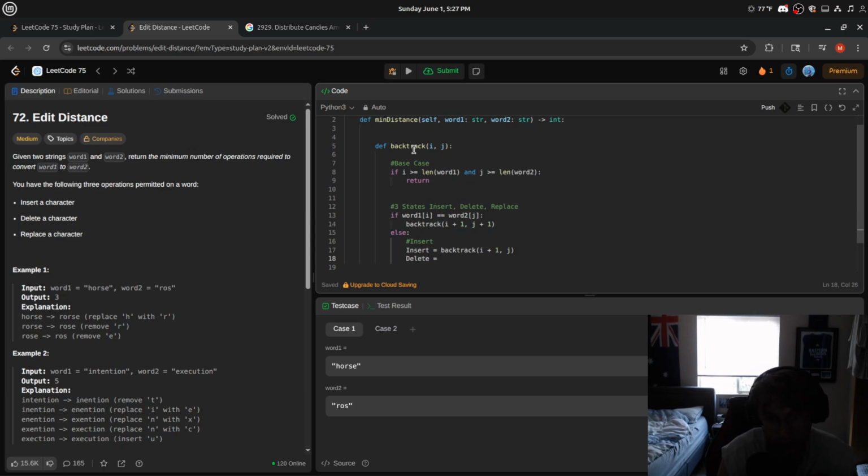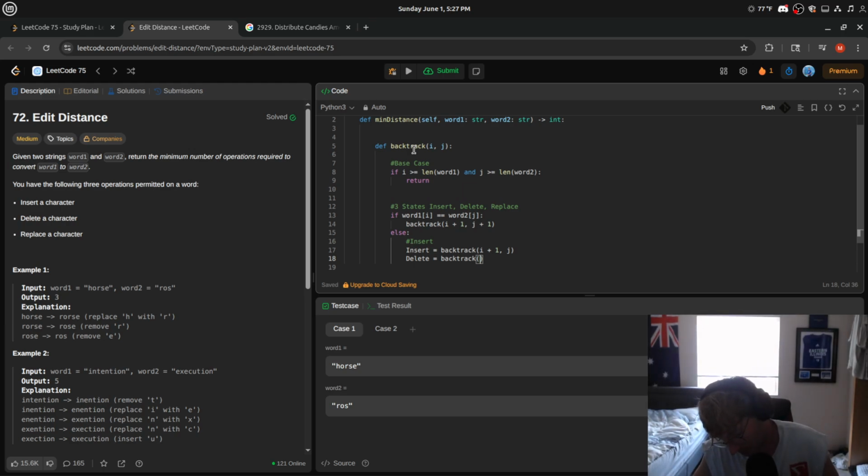Delete is equal to backtrack. If we were to delete a character, what would delete look like?